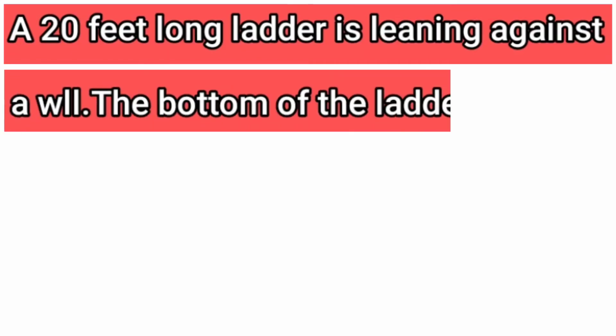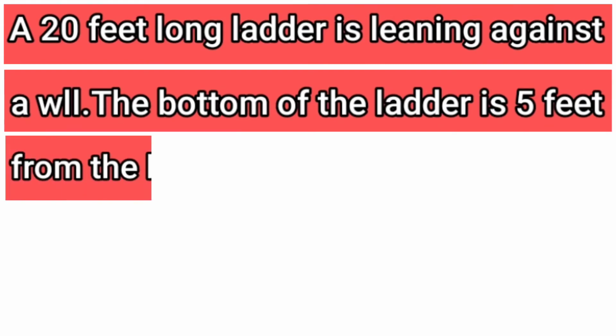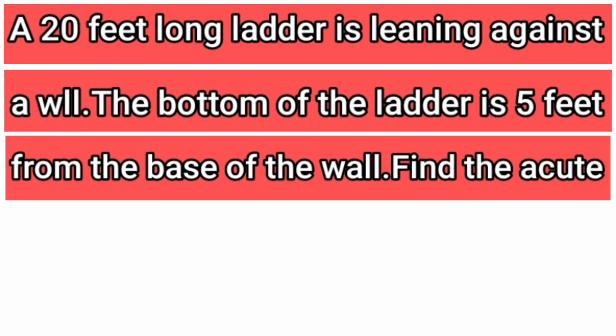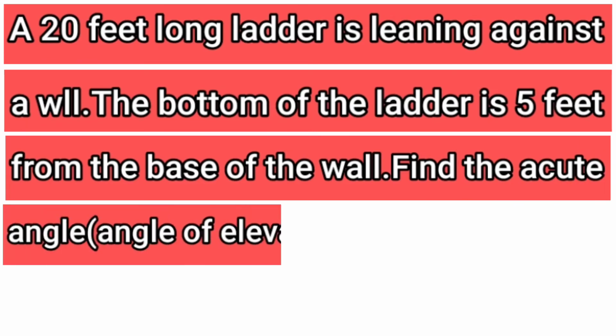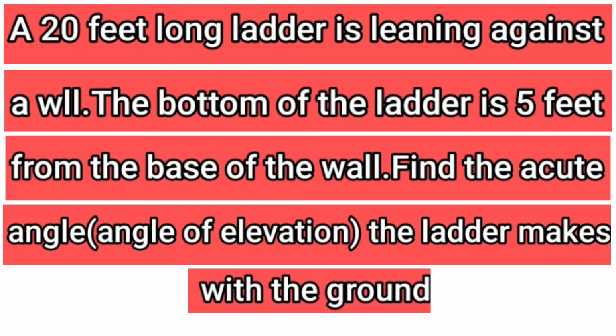The bottom of the ladder is 5 feet from the base of the wall. Find the acute angle, meaning the angle of elevation. Now we construct the diagram and then we will find the angle of elevation.